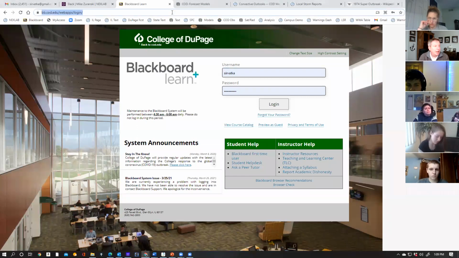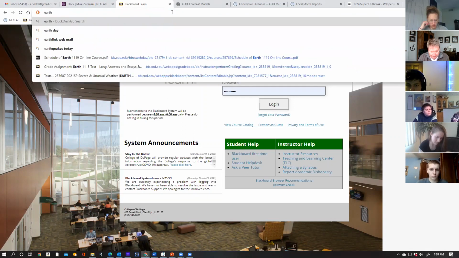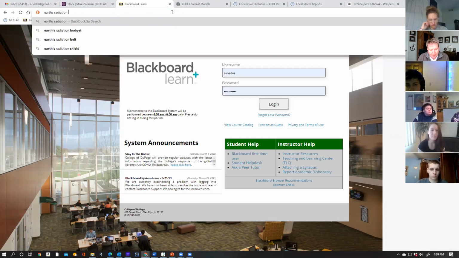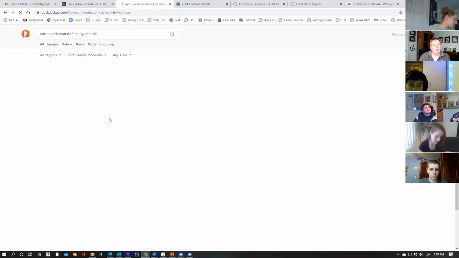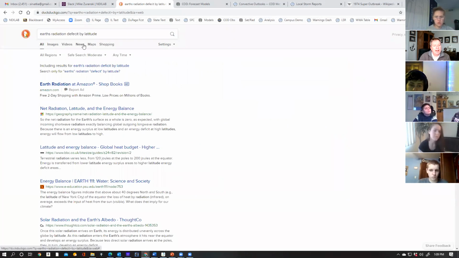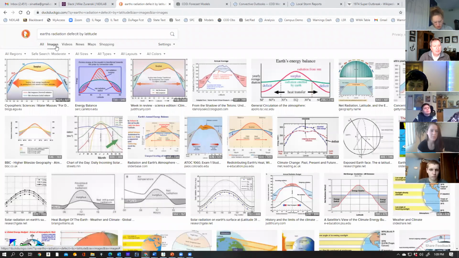So if I do that, the answer should have been in the lab, but if I search Earth radiation deficit by latitude, you should be able to find an image that looks like this. And this one might be good. There's a lot. You see how they're all kind of different? But this one seems to be pretty decent. I'll use this one.